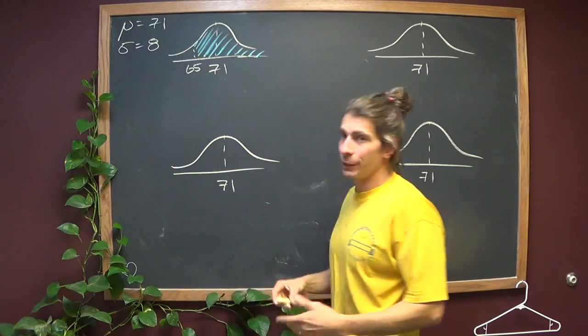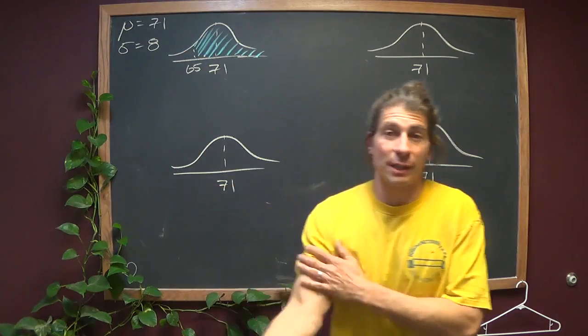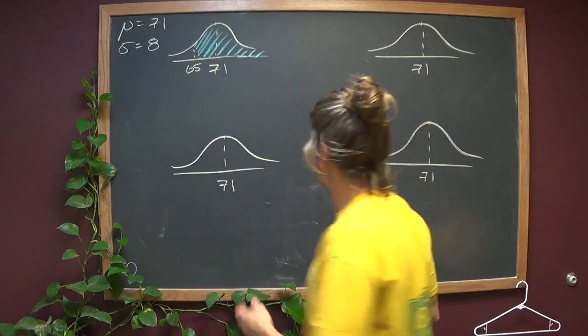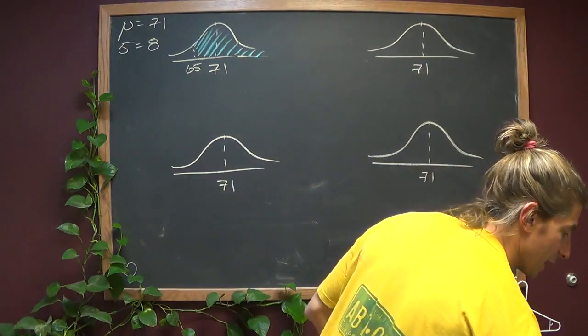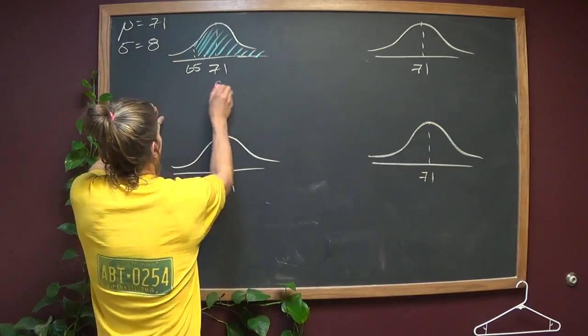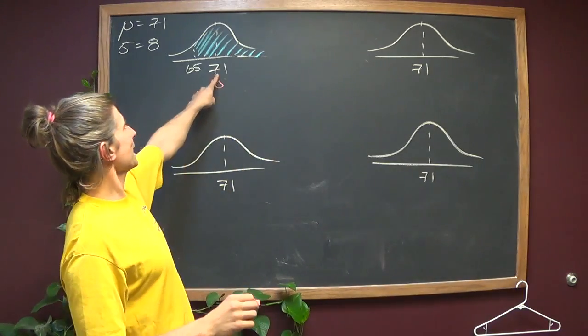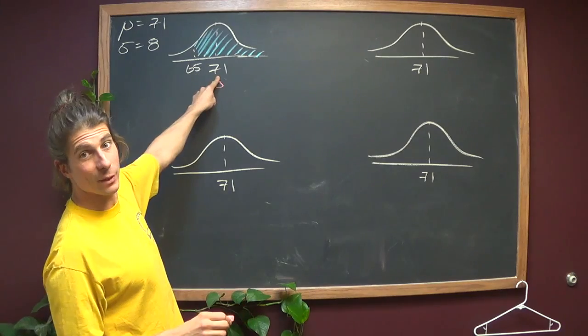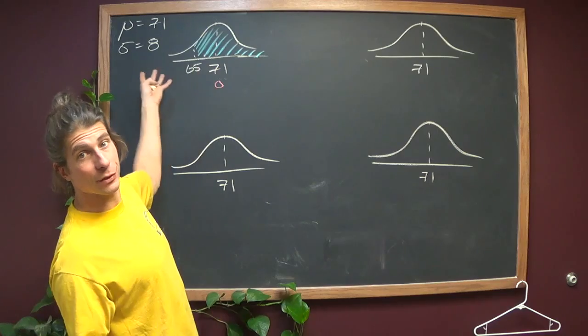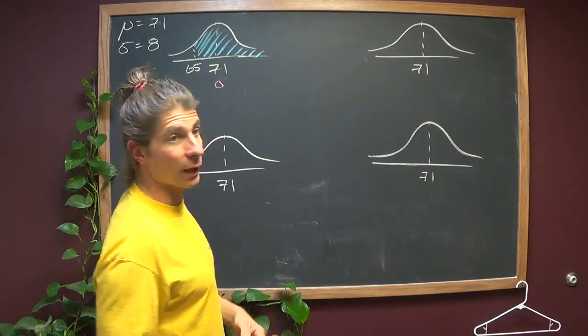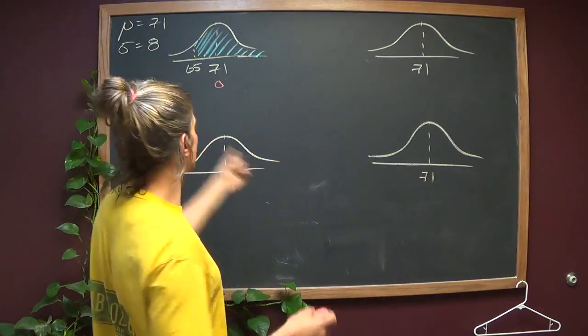So at this point, you've got a couple different ways you can knock this one out. Probably the easiest way is to convert these to z-scores so that your average is standard normal 0. Since you're 6 down from 71, you're 3/4 of the way down, so you're going to end up with a negative 3/4 z-score down this way.